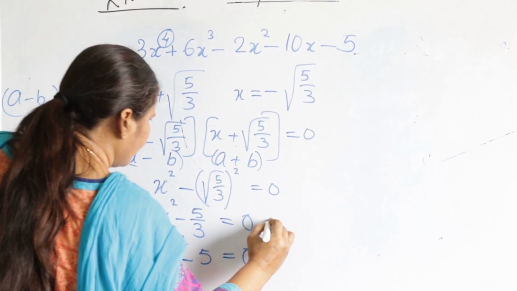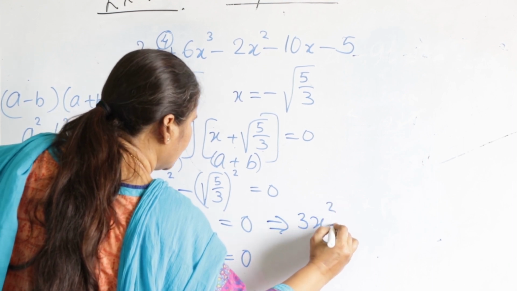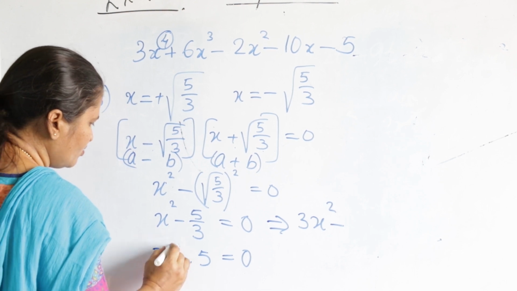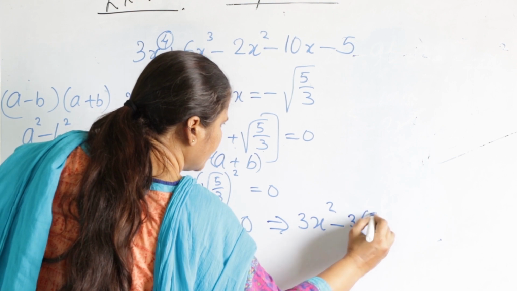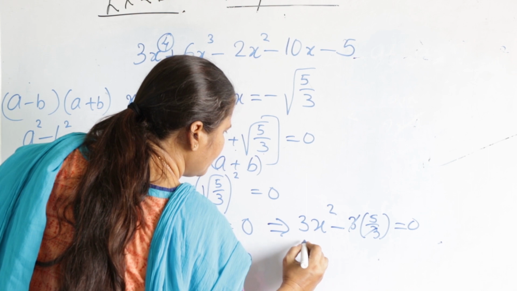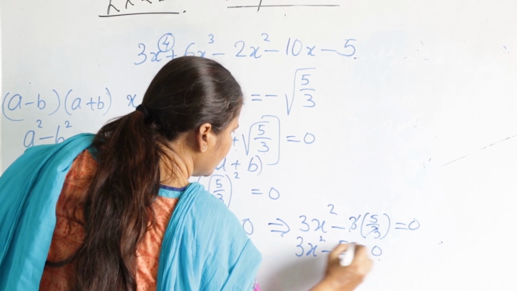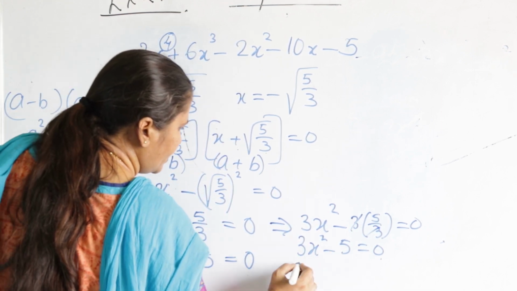If you get confused, just say I am multiplying every term by 3 because I want it in the standard form. I do not want this 3 in the denominator. So I will say 3 times 5 by 3 equals 5. What does it become? 3x square minus 5 is equal to 0. Now arrange this in standard form.